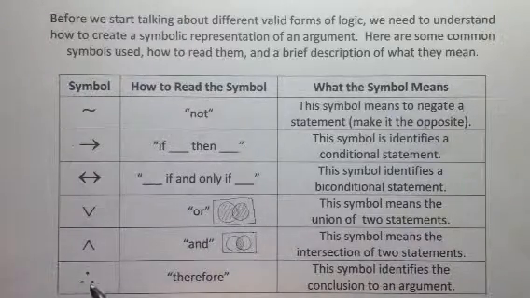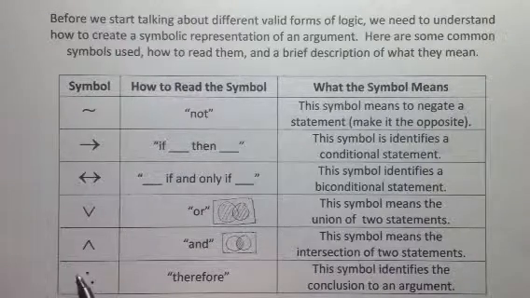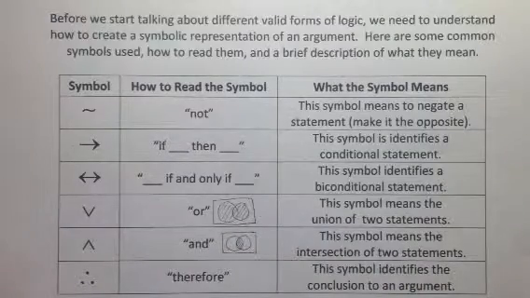Okay, and then when you see the three dots, that represents therefore. You read it as therefore, and that's talking about a conclusion to an argument. So when we get into our laws of logic, whenever you are making a conclusion given two other statements, you're going to say therefore, and the symbols for that are these three dots.